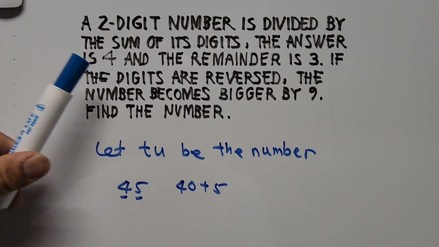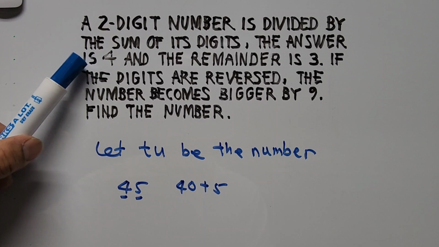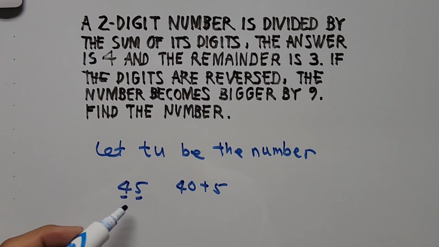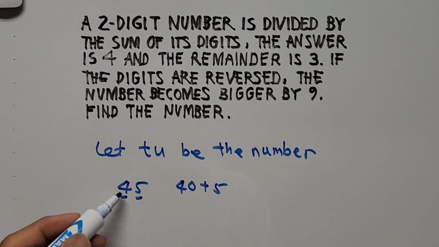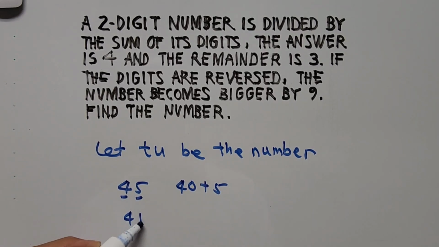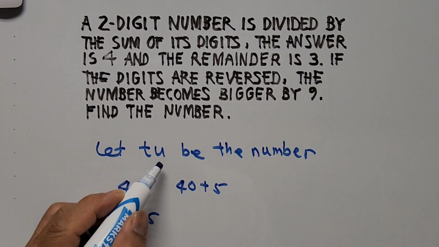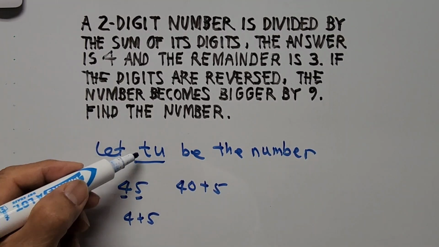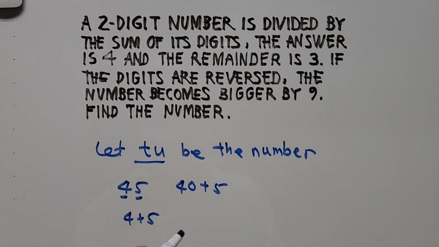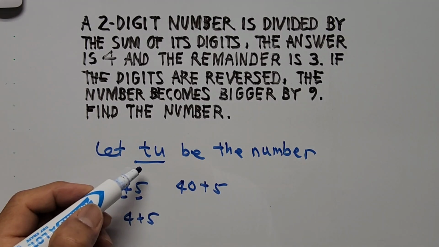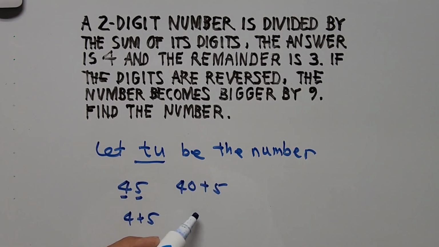It says here if we have the sum of its digits, for the number 45, the sum of its digits is 4 plus 5, right? So that is 4 plus 5. So going back to our number that is represented by TU, the sum of its digits means we have T plus U, right?